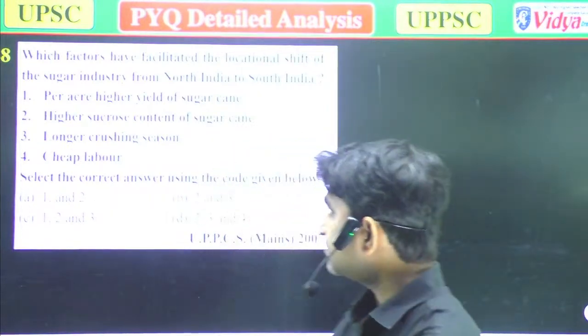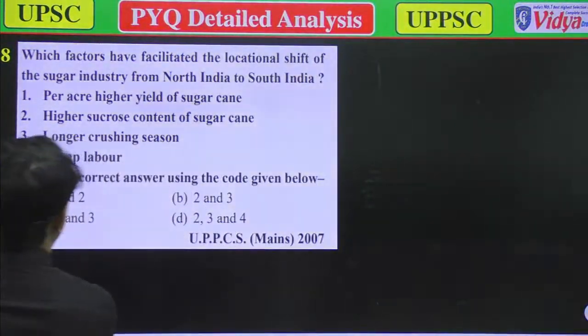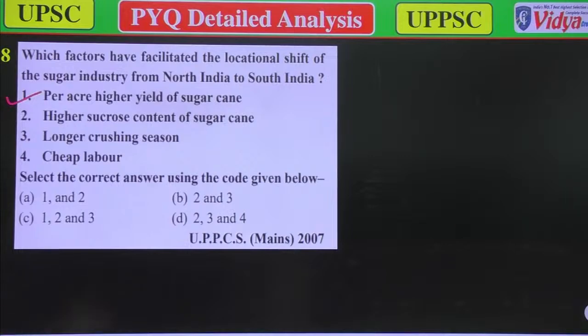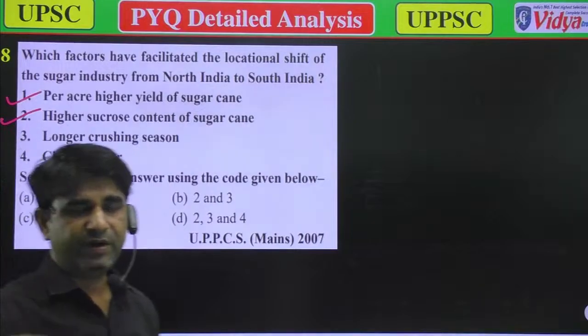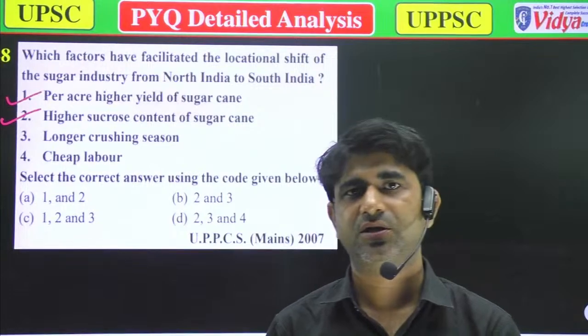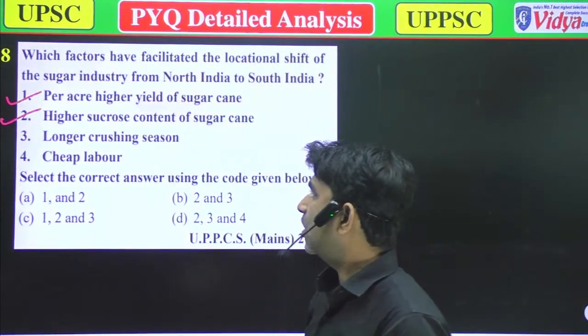Well, now we will try to eliminate some options. A, higher yield of sugarcane per acre. That's true, because in the southern area the productivity per acre is higher than in the northern belts. Second, higher sucrose content. Yeah, because the sugarcane of the southern belt is longer and has much higher sugar content compared to northern sugarcane. Third is the longer crushing season.